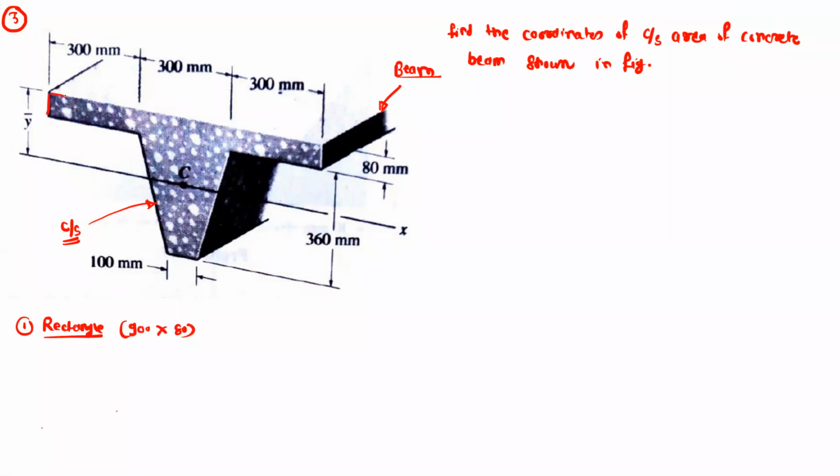So this rectangle we need to select. For this rectangle, the length is 300, 300 and 300, so this total will be 900. And this height is given as 80 mm. So the dimension will be 900 by 80 mm.